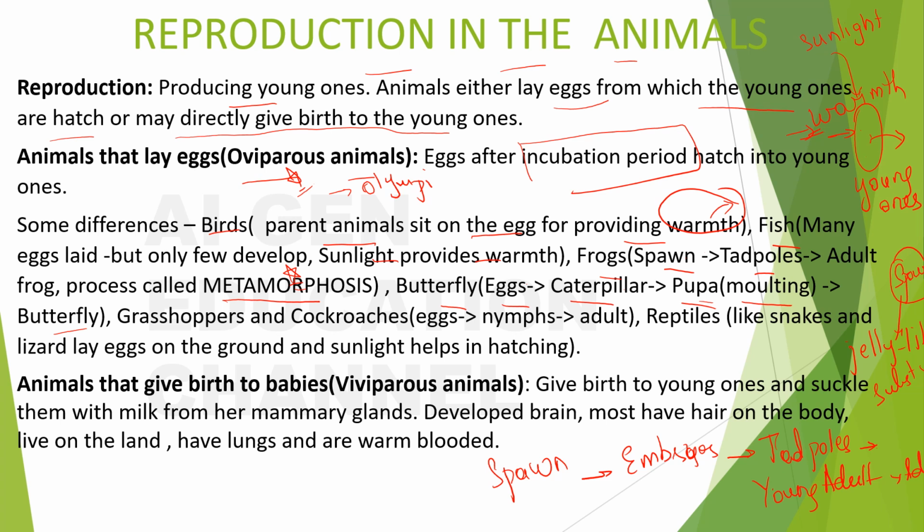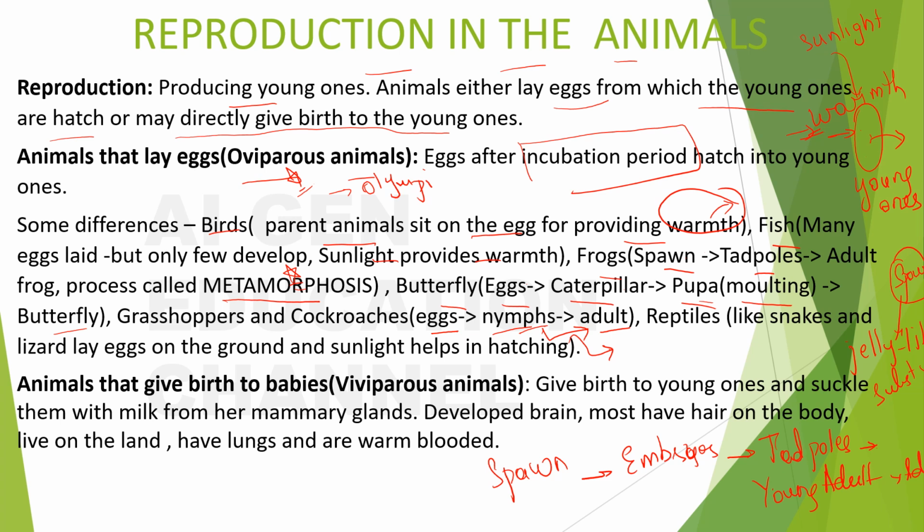And grasshoppers and cockroaches. What about grasshoppers and cockroaches? Here the eggs will hatch into nymphs. What are nymphs? Nymphs are like these babies. They appear like adults itself. They resemble the adult, but they won't have wings.